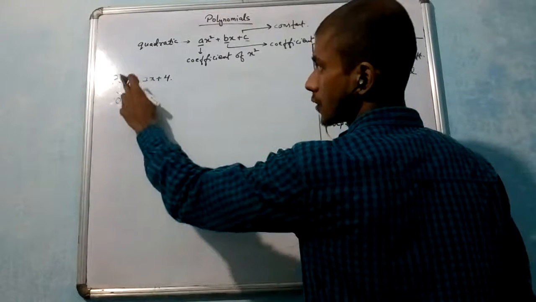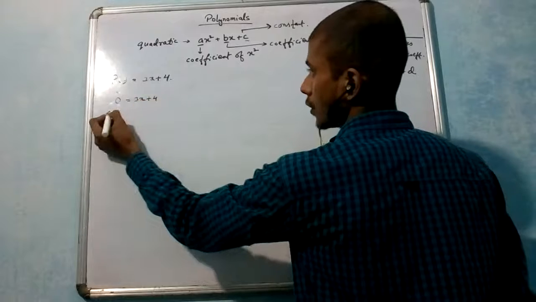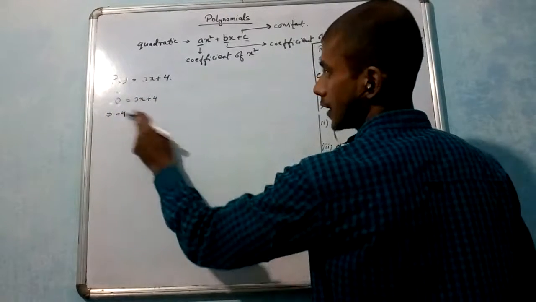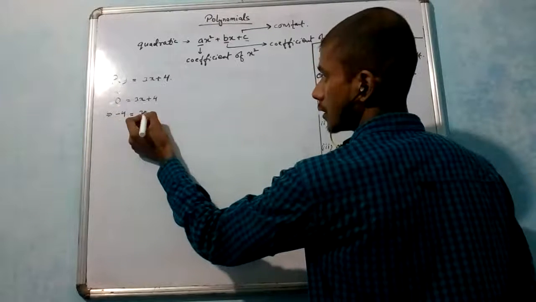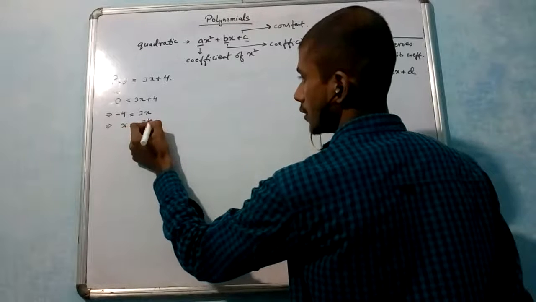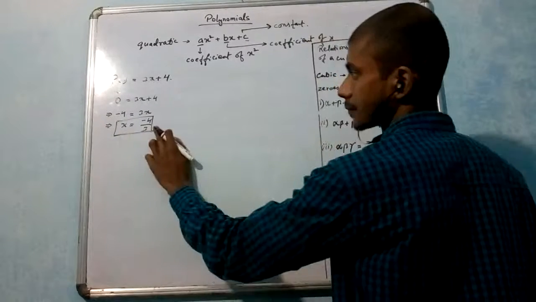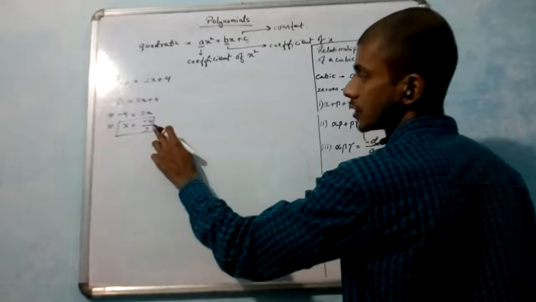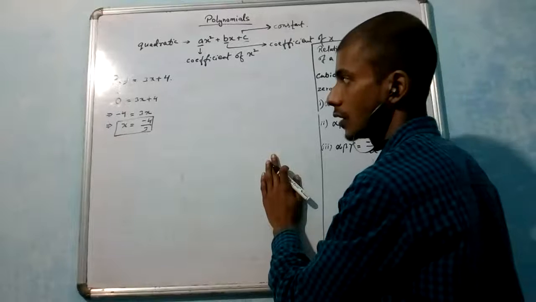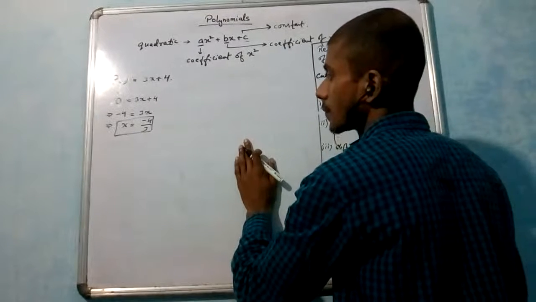Suppose this value is 0, so 0 is equal to 3x plus 4, and then get the value of x. Minus 4 will come to this side, it becomes minus 4 is equal to 3x, and x will be equal to minus 4 by 3. So this is the zero of this polynomial. It will give us the value 0.